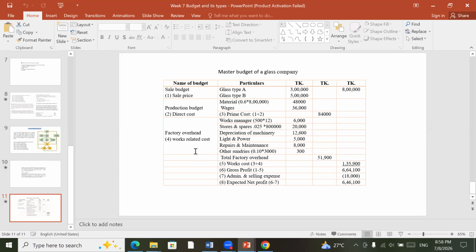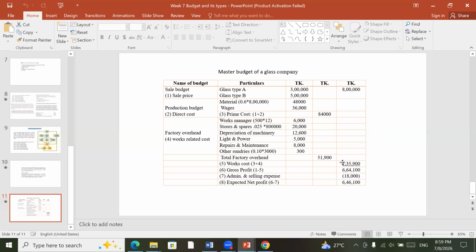Then you have the factory overhead related budget, which means work cost. Factory related cost means work cost. So you have to classify the factory related costs: works manager, stores and spares, depreciation of machinery, light and power, repairs and maintenance, other sundries. Total factory related cost is 51,900. This is called the work cost.